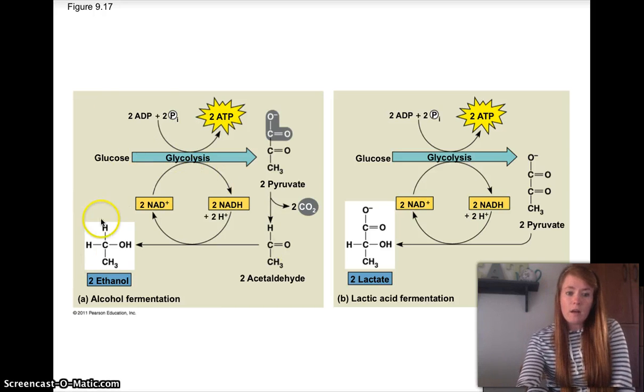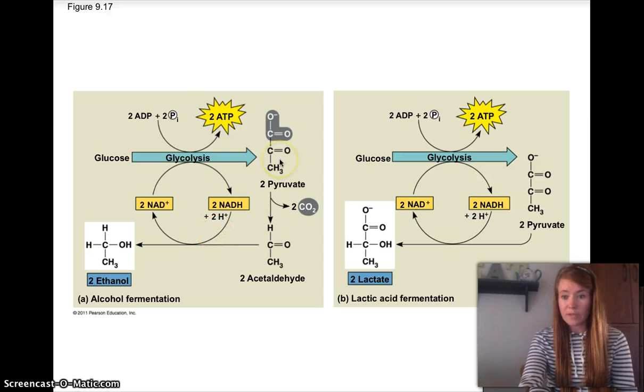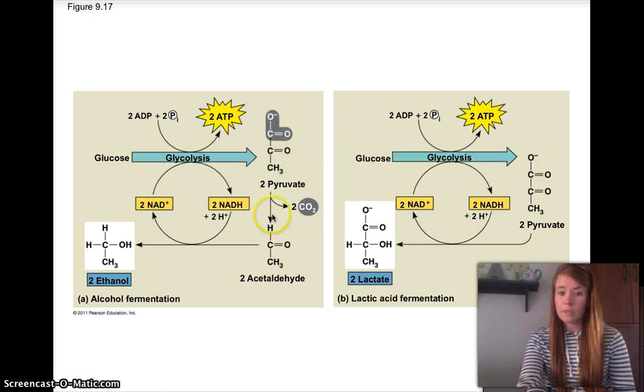So in alcoholic fermentation, glycolysis happens. We get 2 ATP, we get 2 NADH, and we get 2 pyruvate. Then the ATP leaves to perform cellular work. The NADH needs to be recycled. So pyruvate is converted into 2 acetaldehyde. We lose 2 carbon dioxide, because there's 2 pyruvates, but we lose 1 carbon dioxide for every pyruvate.